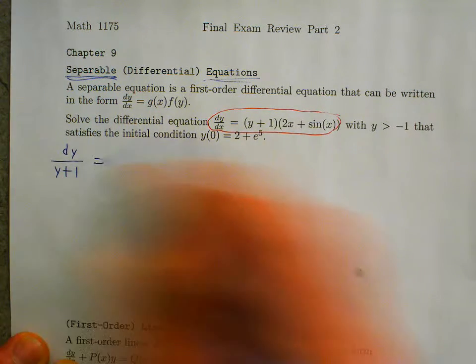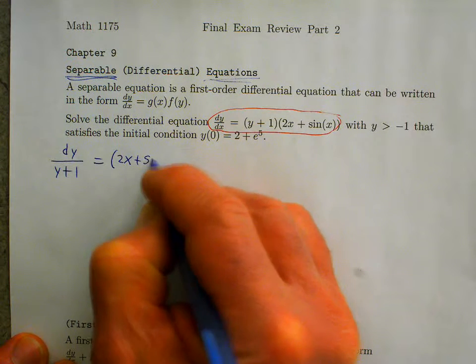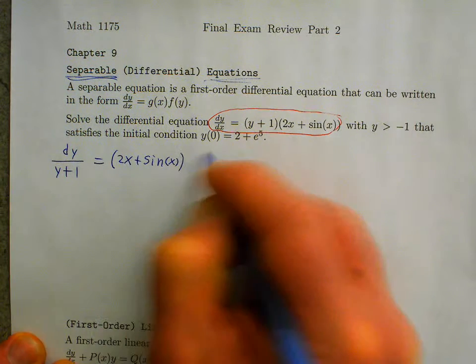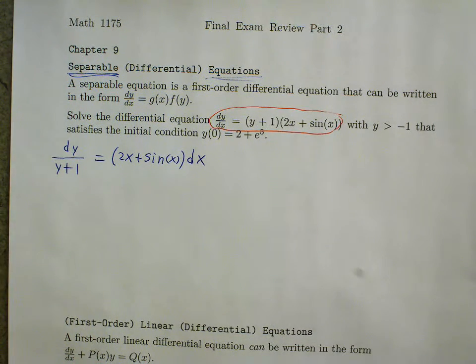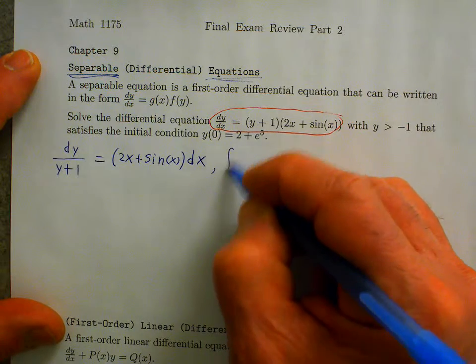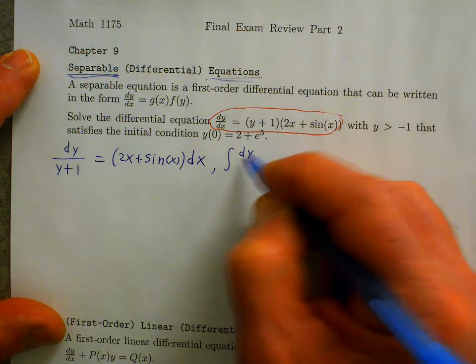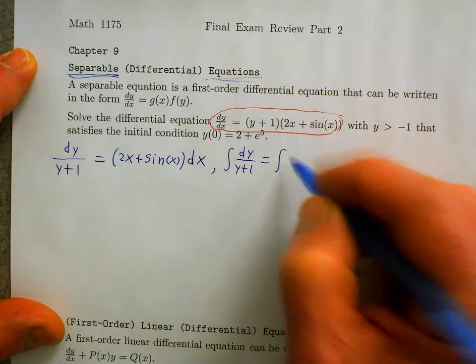And on the right-hand side, we have the quantity 2x plus sine of x dx. And then we integrate both sides. So integrate the left-hand side with respect to y. Integrate the right-hand side with respect to x.